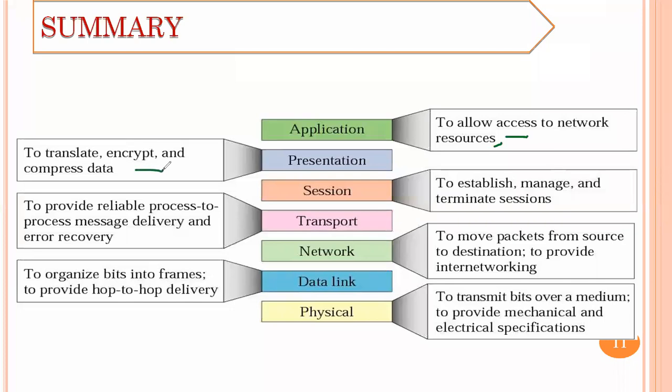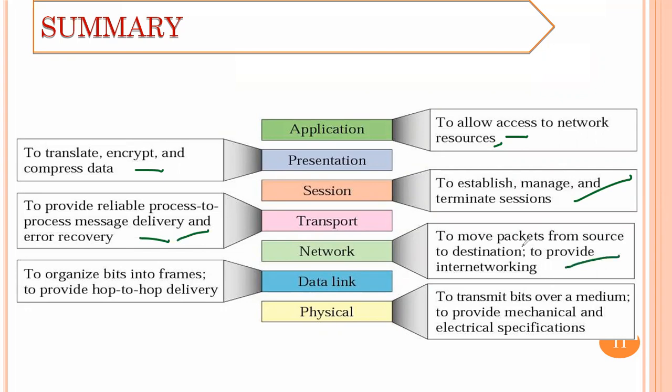At the presentation layer, encryption and compressing of the data is there, whereas at the receiver side, decryption and decompressing of the data, as well as the translation of data. Session layer is to establish, manage and terminate the sessions. Transport layer will be used for process to process delivery, as well as a reliable connection to be used for delivery of the data.